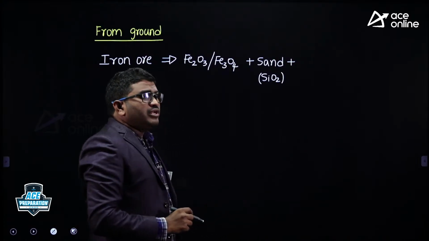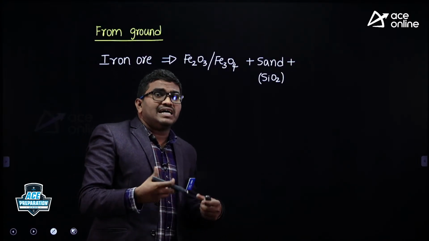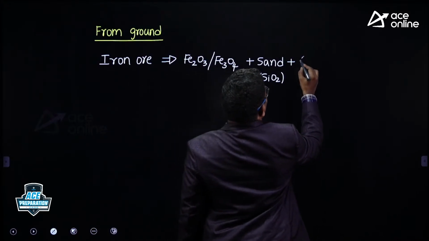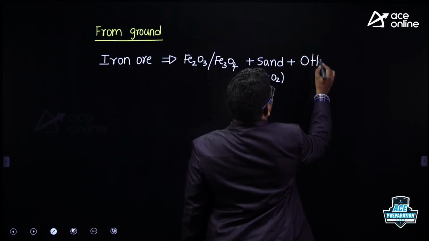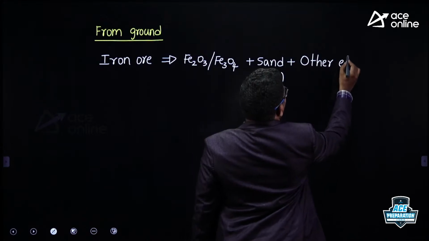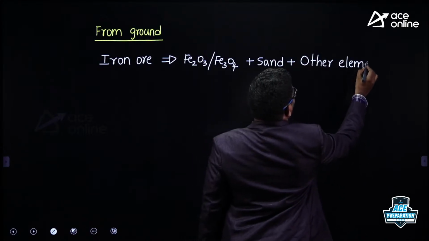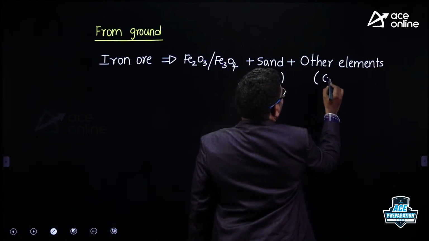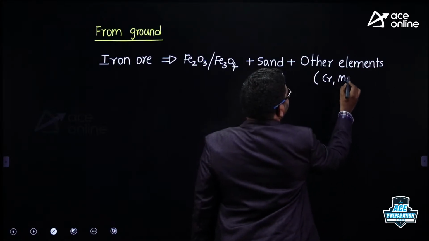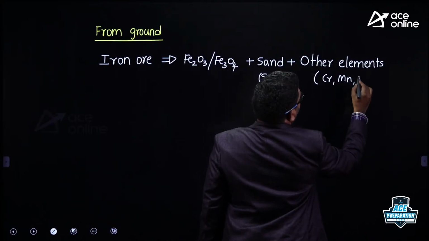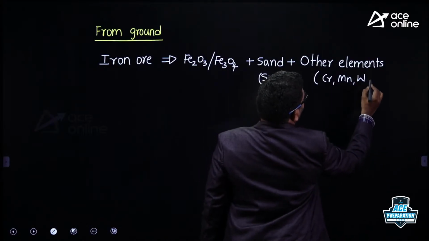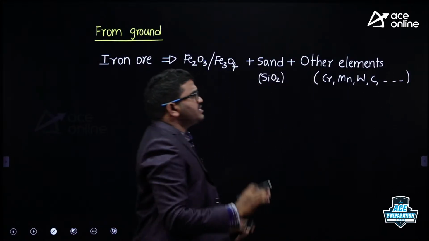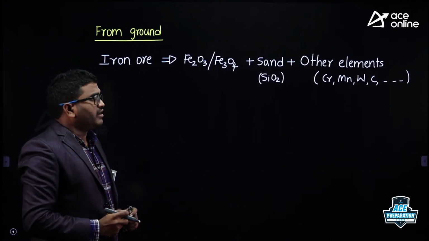And not only sand, but also so many other elements, like chromium, manganese, tungsten, carbon, like that, so many elements are there. This is an iron ore actually.